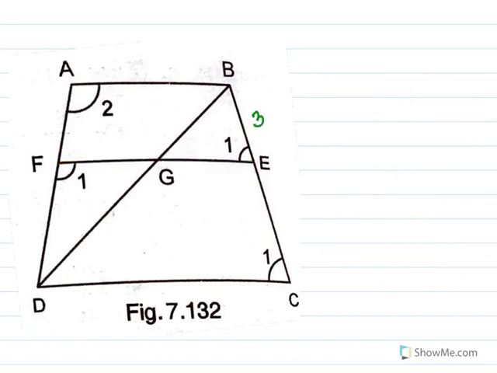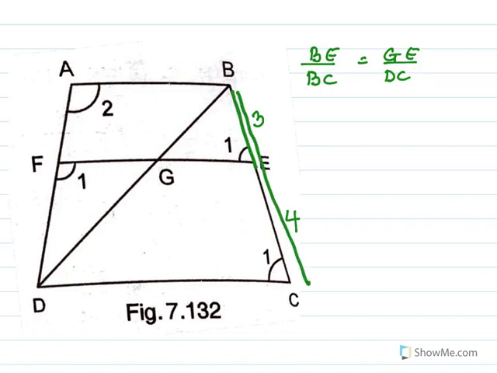Just to summarize, this was given as 3 and this was given as 4. So then we did what? BE over BC equal to GE over DC, and then we got 3 over 7 equal to GE over DC.